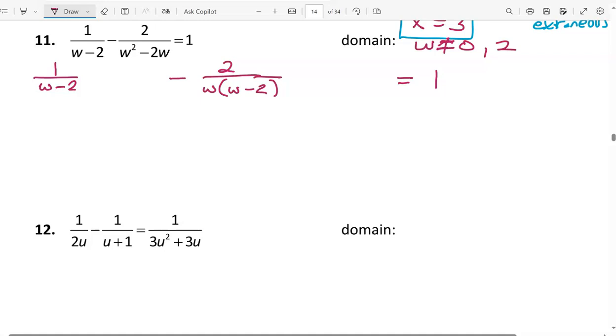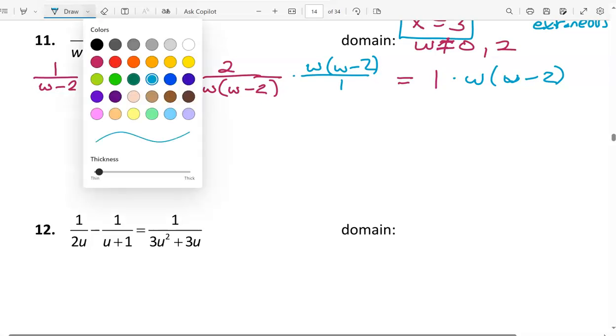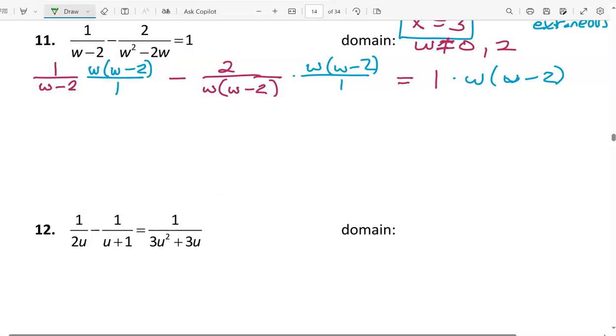Now we're going to multiply by the least common denominator, which is w times w minus 2. Now we can cancel or divide out common factors in numerators and denominators for each of the multiplications. W minus 2 cancels or divides out in the first multiplication. Both factors divide out in the second, and none divide out in the third.